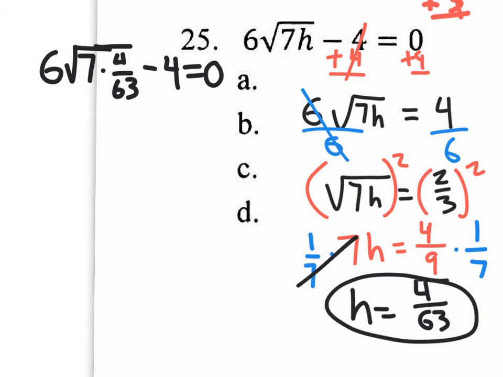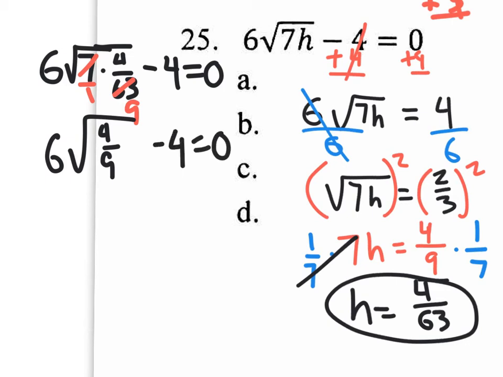When I multiply the inside, 7 over 1 times 4 over 63, the 7 and the 63 could cancel out. You'll get a 9 left over on the bottom. So what we really have is 6 square root of 4/9 minus 4 on the outside, it should equal 0. 6 times, split the root, square root of 4, square root of 9, minus 4 equals 0.